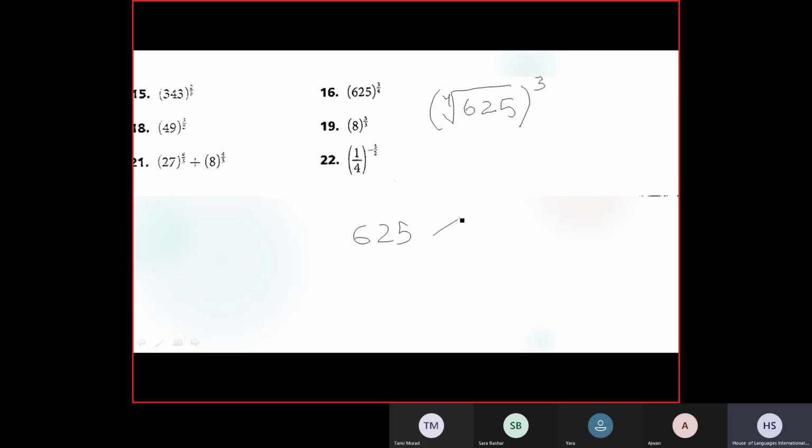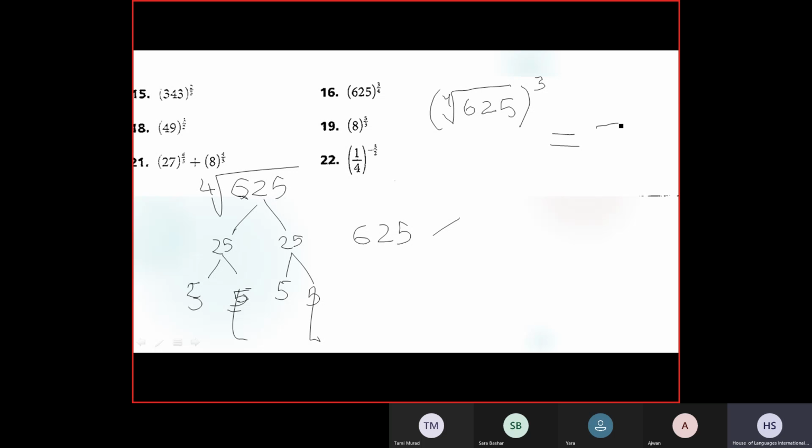So now 625 is 25 times 25. Do you remember what you took in grade 6? So the fourth root of 625 will be 5.